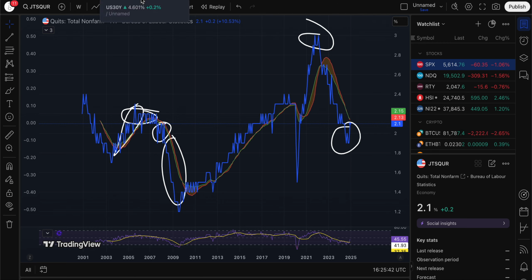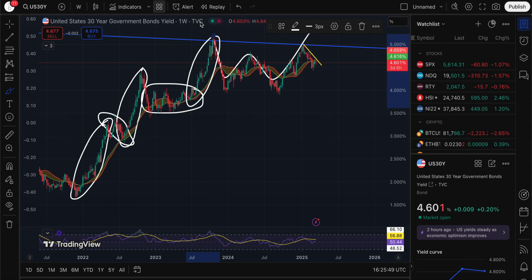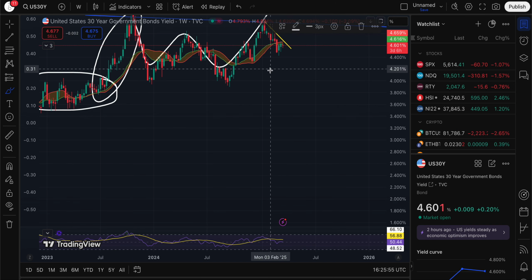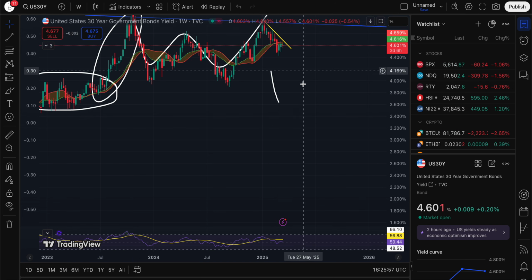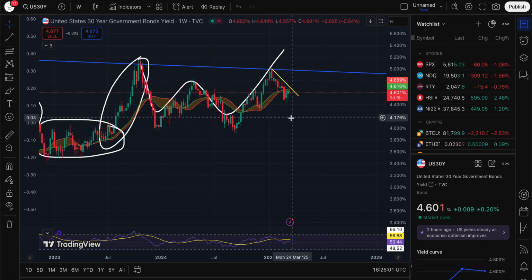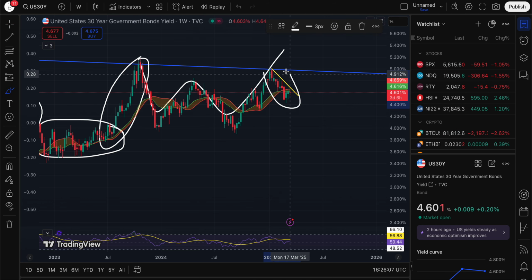And the reason why I think, if we want to keep on playing with this parallel, is because where we are right now on the 30-year yield is we are really backtesting the bull market support band after this first decline in the W formation. So right here, and we are right there. We're backtesting the bull market support band.